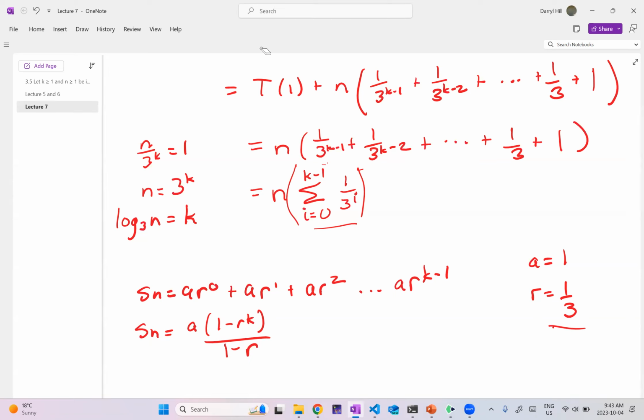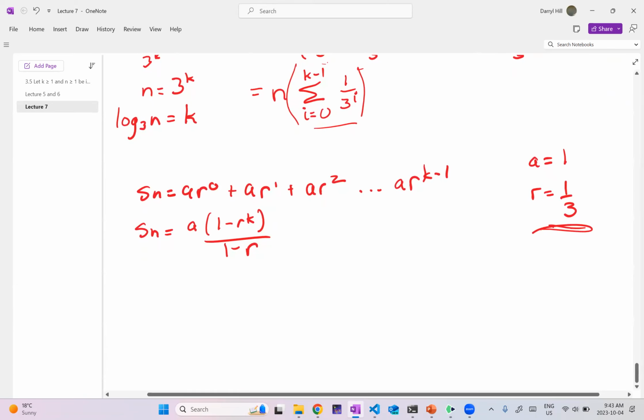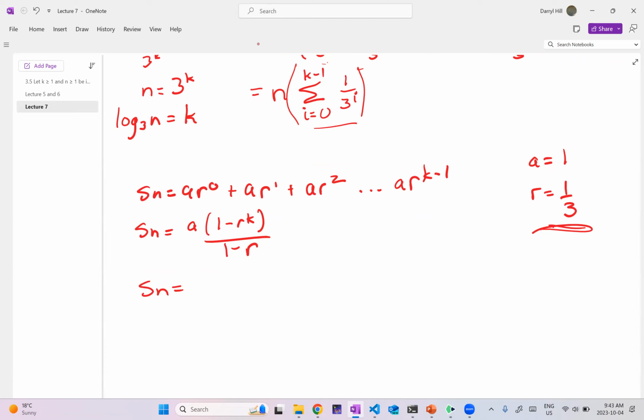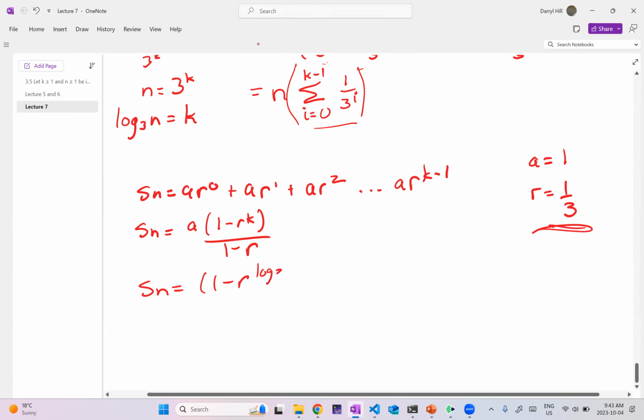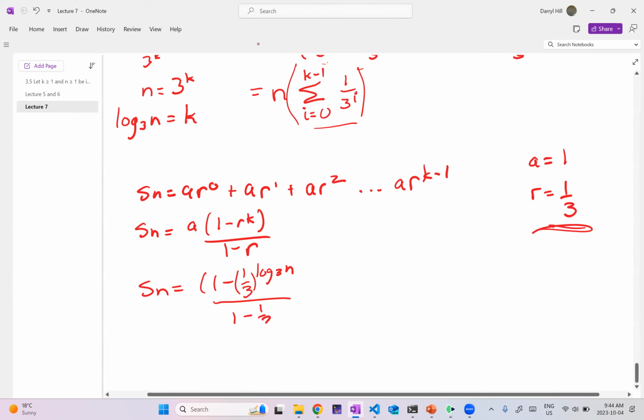So what does this give us? If I plug in a equals 1 and r equals 1/3, then S of n equals 1 minus r to the log base 3 of n, so 1/3, over 1 minus 1/3.